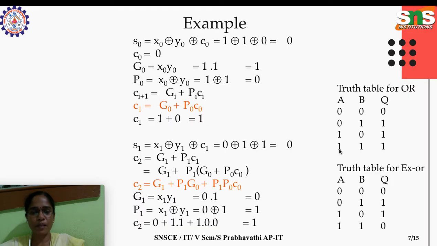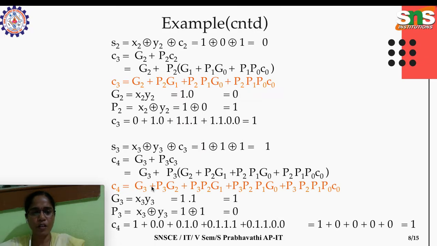So please pay close attention to this calculation, because these calculations are missing in your textbook. In your textbook only these carry equations are given, C1, C2, C3 and C4. How we got these equations is not mentioned, so please pay close attention to this topic.